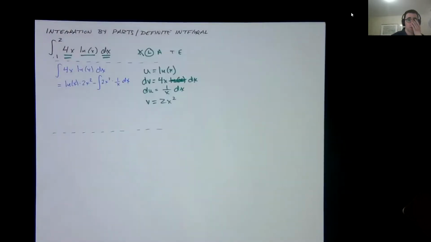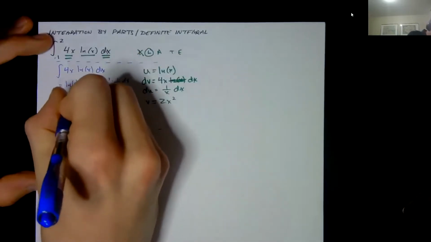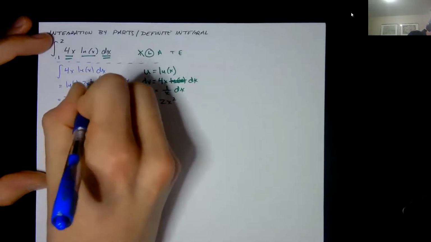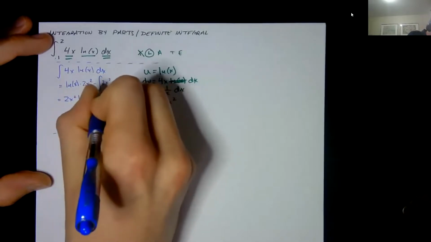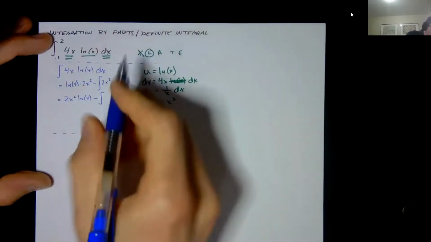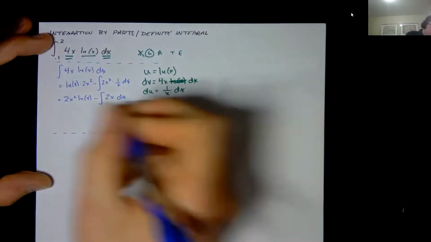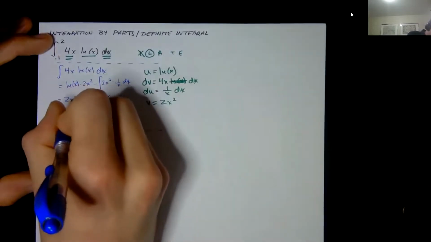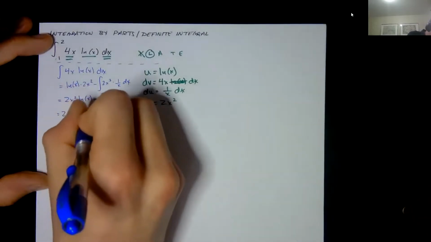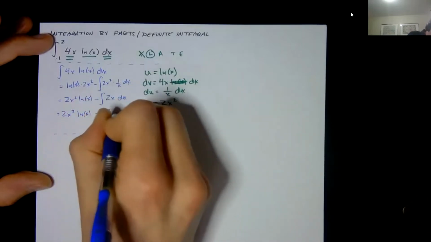So that's just our use of the formula for integration by parts. From there, we're going to simplify. This would be 2x squared natural log of x minus, when I think about this next part, 2x squared divided by x, that's really just 2x when I simplify that. And then from there, keep this first part, 2x squared ln of x, minus the antiderivative of 2x, that is x squared, and I put my plus c.